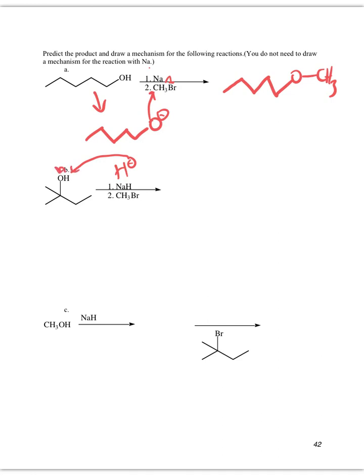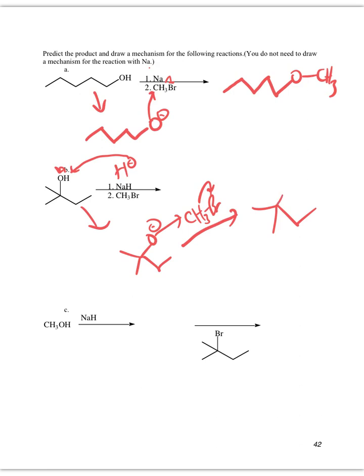It's going to remove the hydrogen off of the alcohol, giving us the alkoxide, and then the alkoxide can react with methyl bromide to form the ether, 2-methoxy-2-methylbutane. Okay, nothing to it.